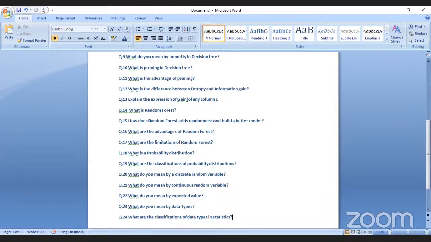Qualitative means it will explain the quality of the data, and quantitative is the numerical measure of the data. However, these are further classified into nominal, ordinal, interval, and ratio data types. Mainly it is classified into two, and further we can divide it into nominal, ordinal, interval, or ratio data types.